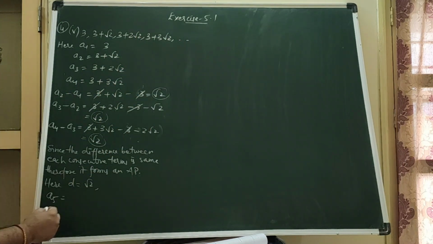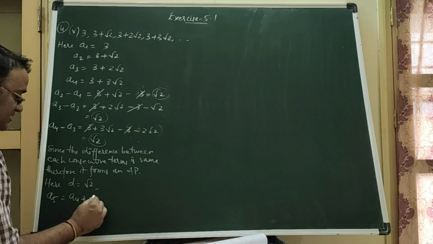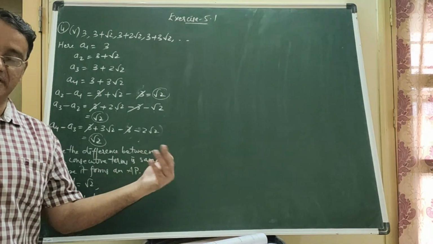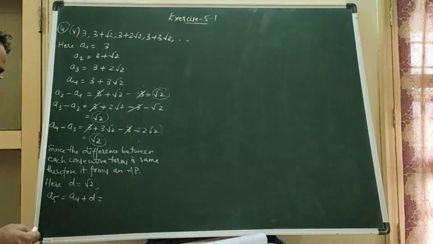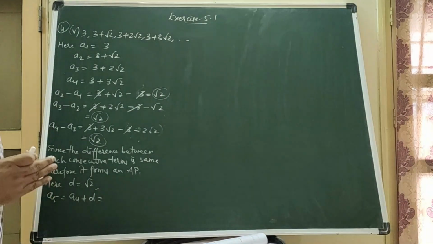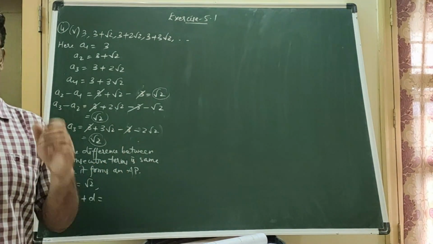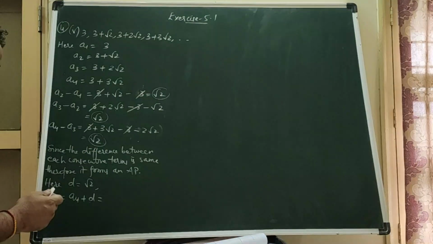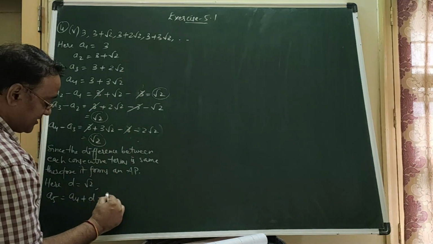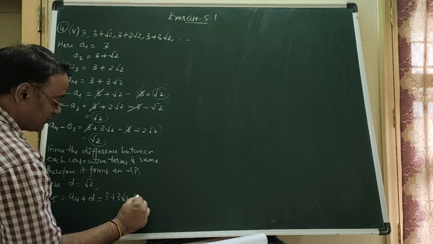So how will we find the 5th term? a4 plus d. Okay, we have to add the fixed number to its preceding term. We can use the nth term formula also, that is a5 is equal to a plus 4d, but this is easiest. So 3 plus 3 root 2 plus root 2.